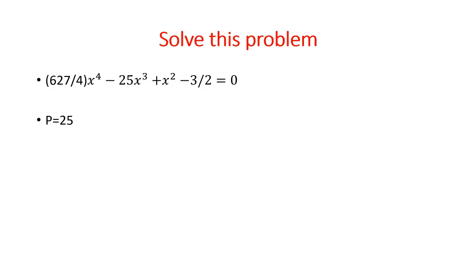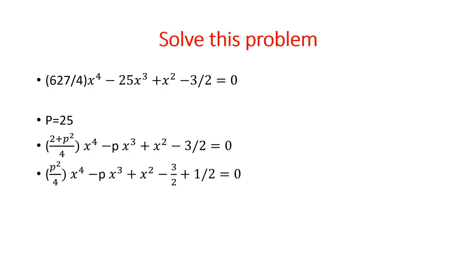So if I assume P is equal to 25, then I can write 625 as 2 plus P², because remember 625 is 25 squared plus 2. So it will be (2 + P²) minus Px³ plus x² minus 3 over 2 equal to 0.